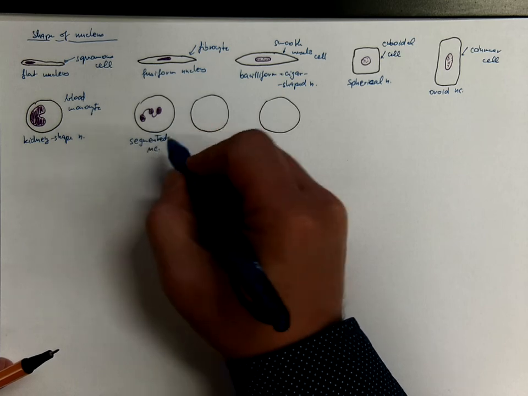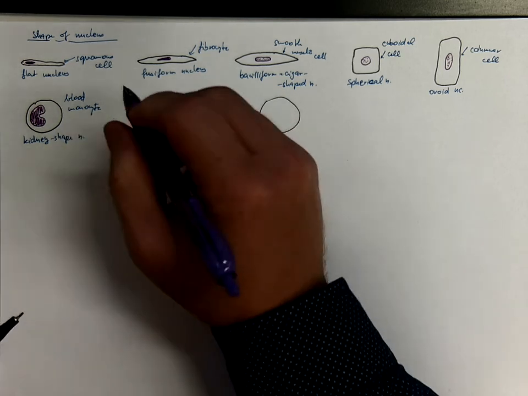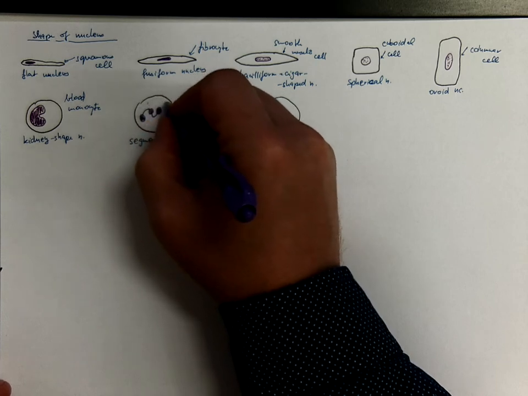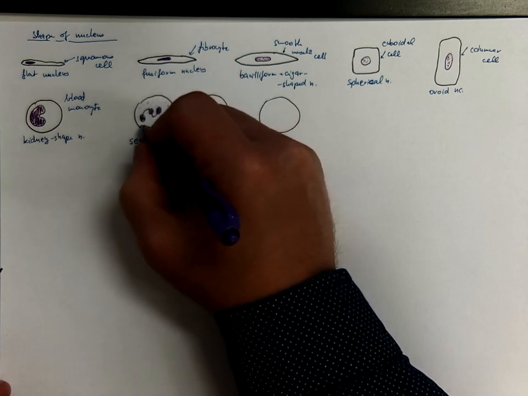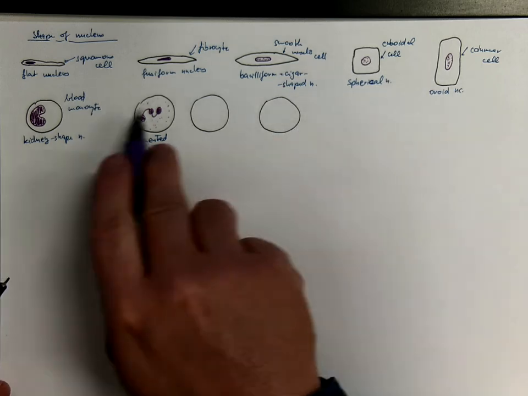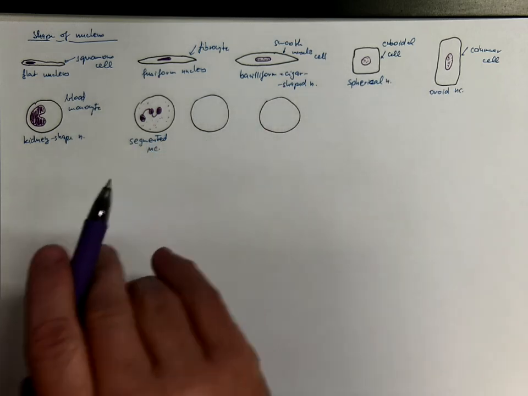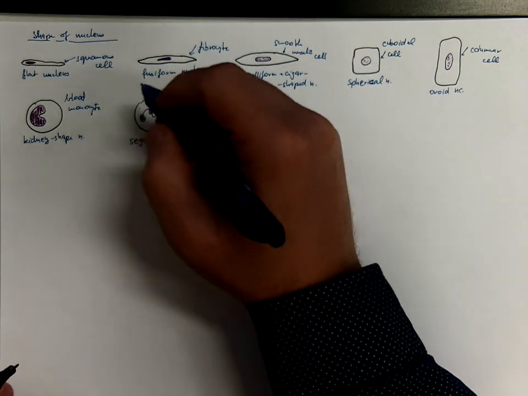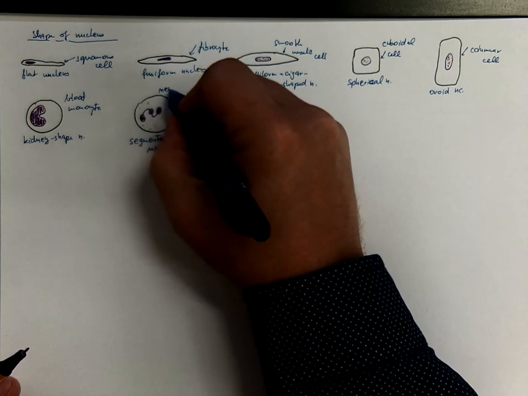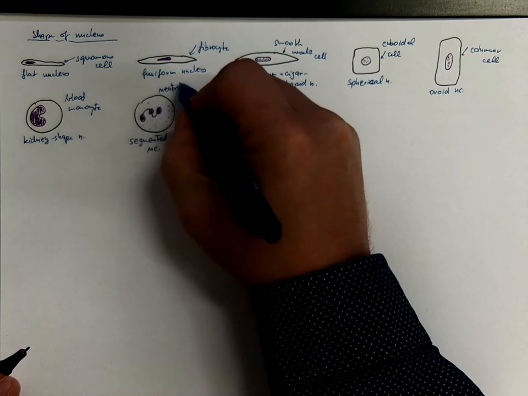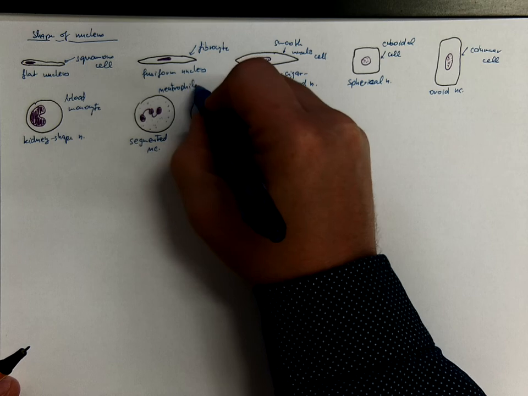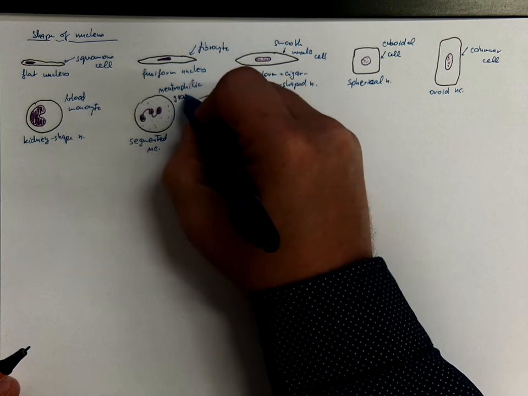Segmented nucleus. I will add the neutrophilic granules. Well, I'm ignoring the cell content in most other cells, but in this example I will add some, because this is a specific cell called neutrophilic granulocyte.